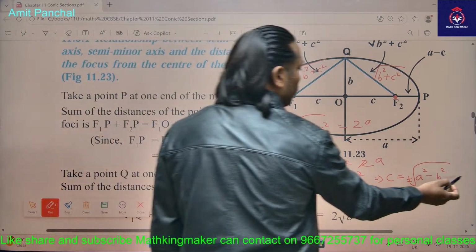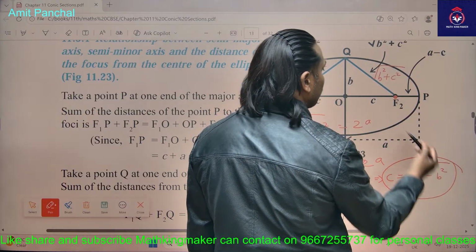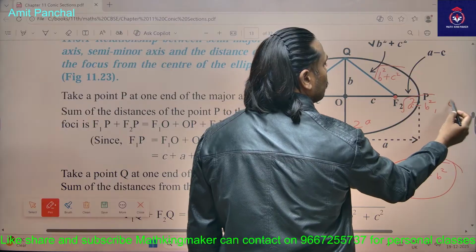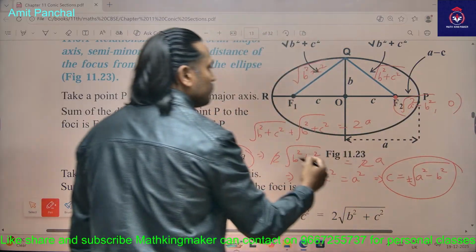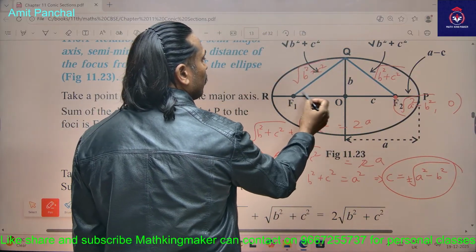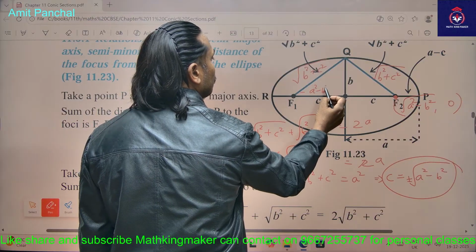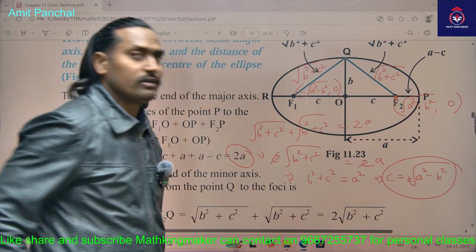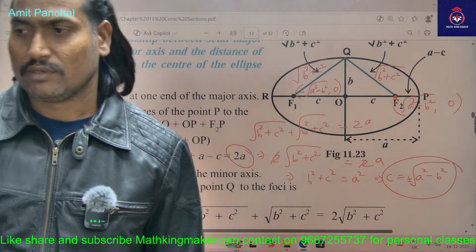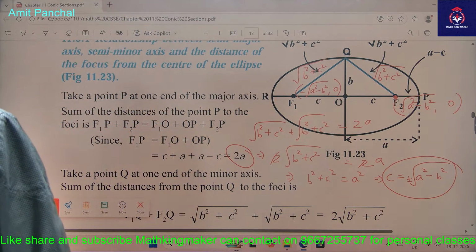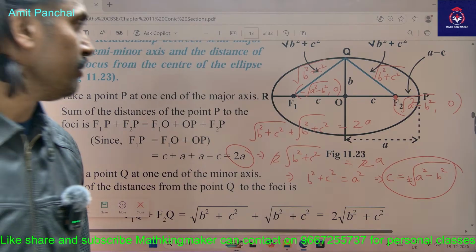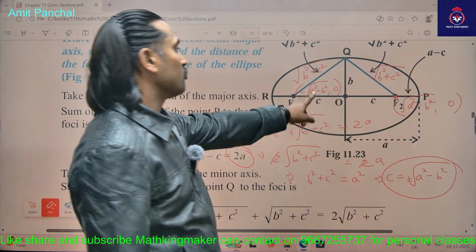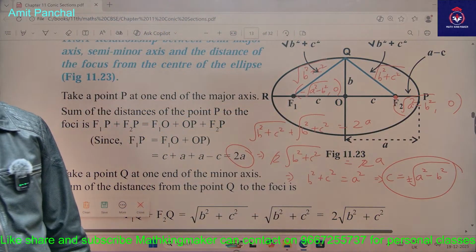So if c is the square root of a square minus b square, this focus will be (square root of a square minus b square, 0), and that focus will be (negative square root of a square minus b square, 0). Got my point? So the foci are (±square root of a square minus b square, 0).